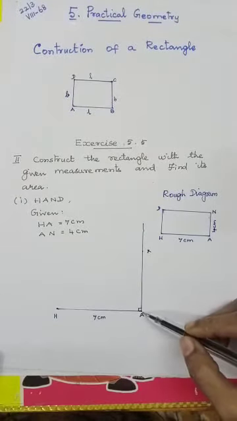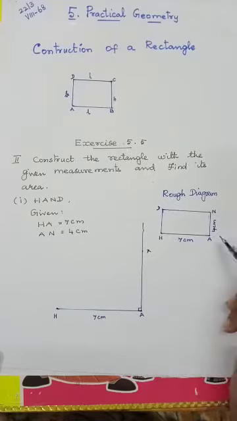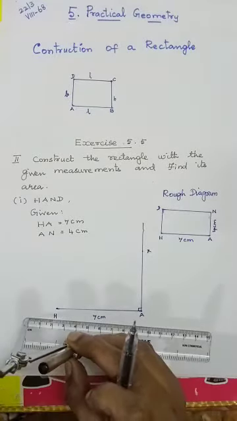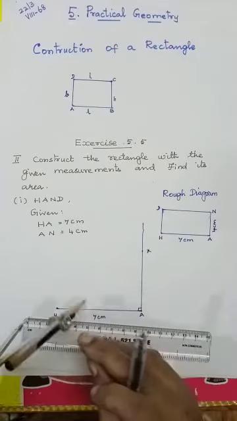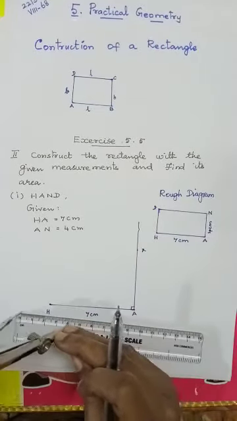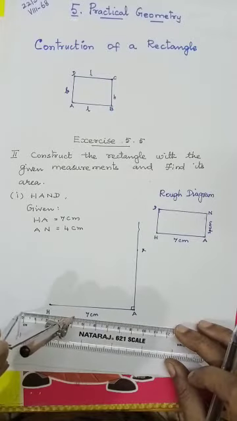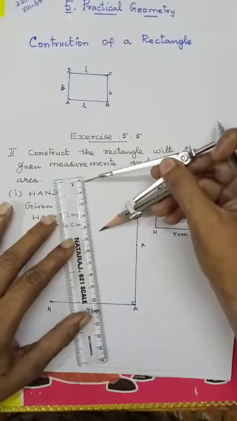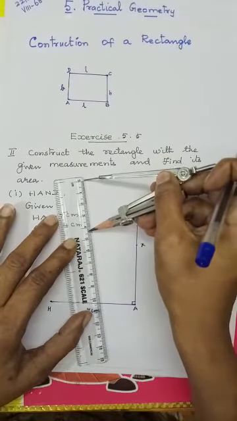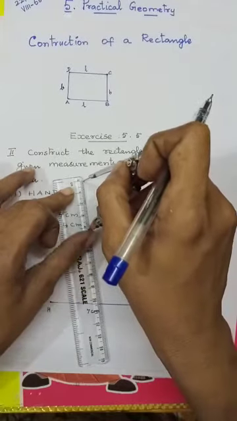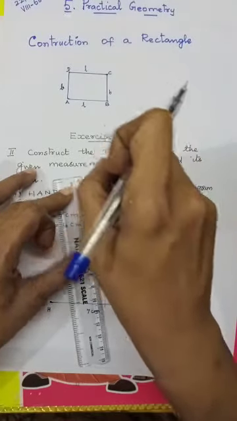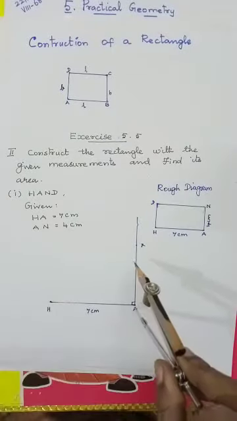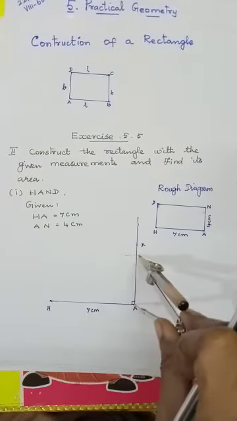Now here AN is equal to 4 cm. Using the scale, you take 4 cm from 0 to 4 cm, and draw an arc from A. Cut an arc.